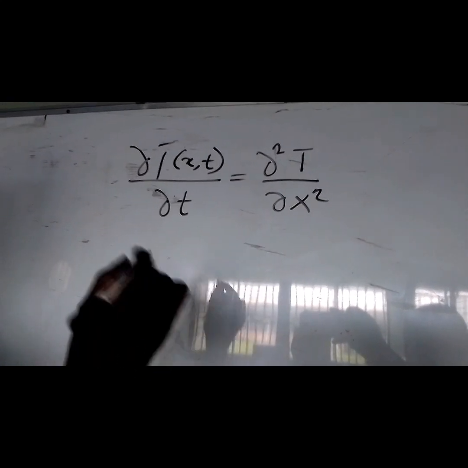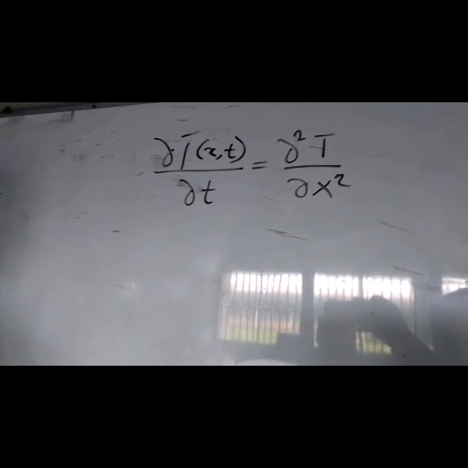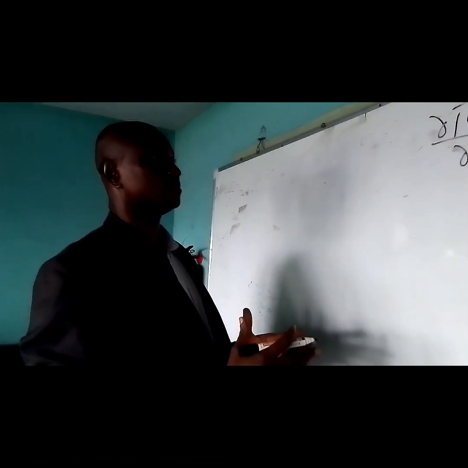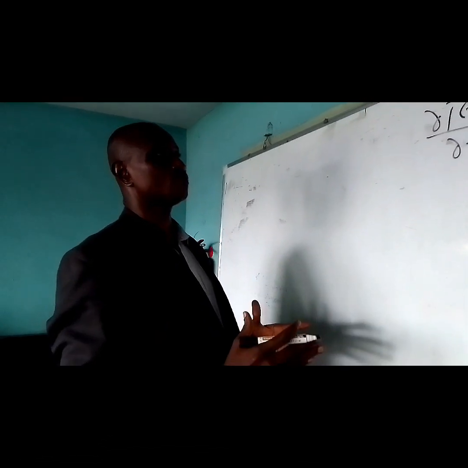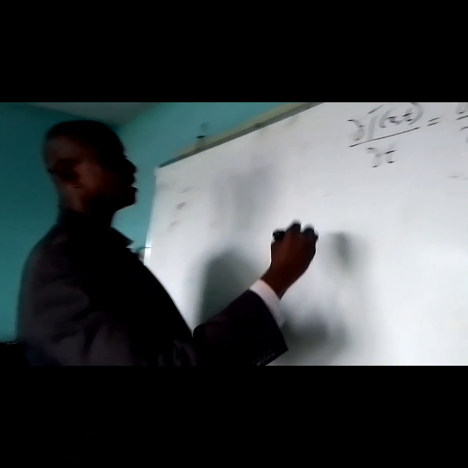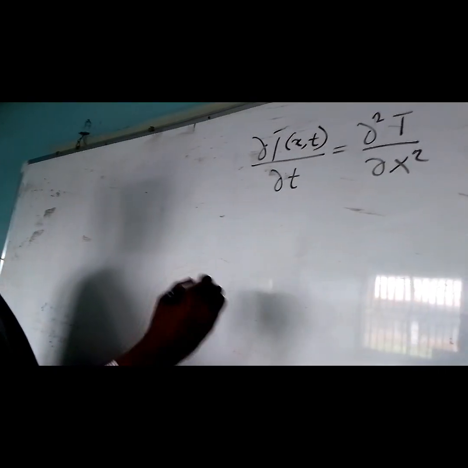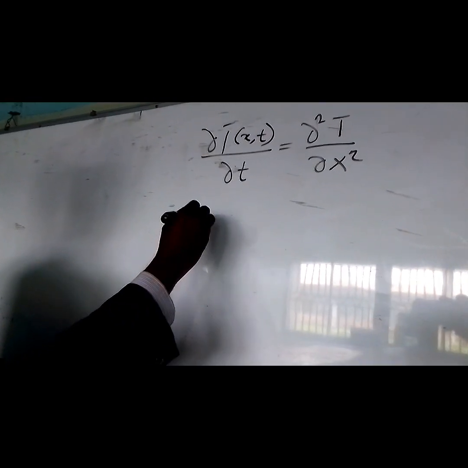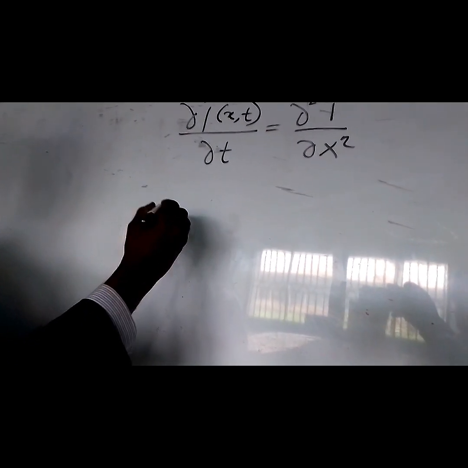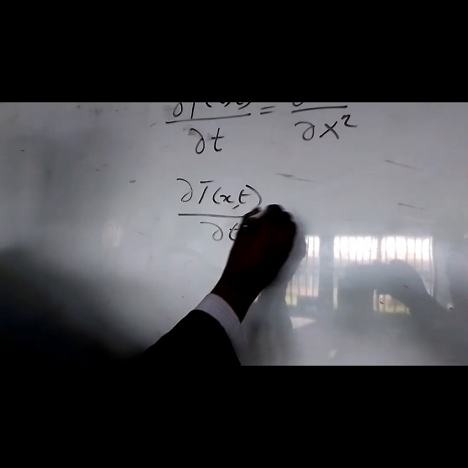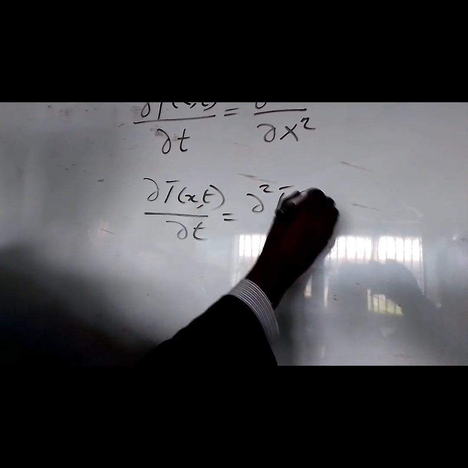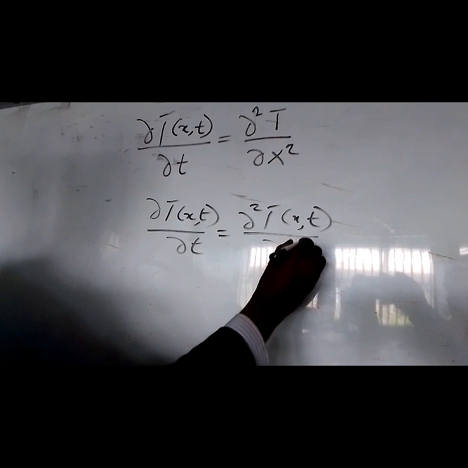But of course, a constant must be introduced because of the factors: the conductivity, the variation in the area, and also the humidity that affects the temperature, and other factors for conductivity flow. Hence, the heat equation becomes partial T of x comma t with respect to time equals partial squared T of x comma t with respect to x squared.